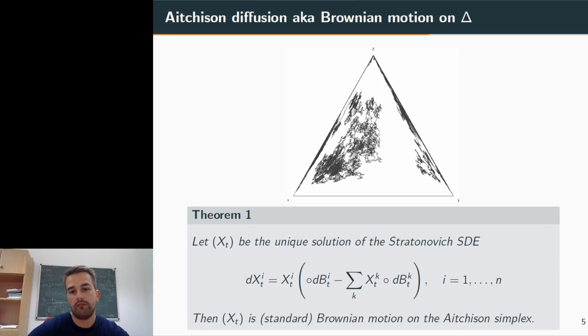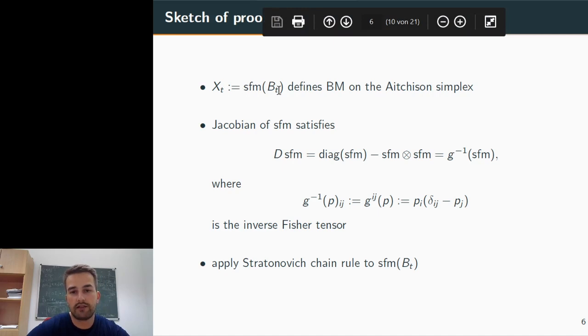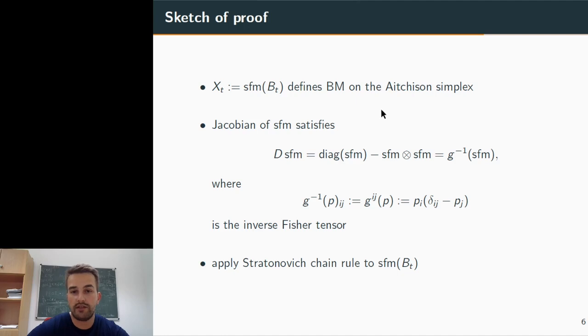In the figure above here, we've got one trajectory example of such a dynamic, starting at the center. Okay, regarding the proof, it's almost trivial essentially. If we define X_t to be the softmax of Brownian motion, then clearly this is going to be Brownian motion on the Aitchison simplex, simply because softmax basically is a Hilbert space isomorphism.